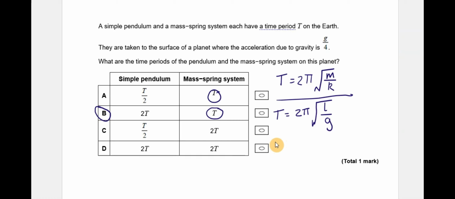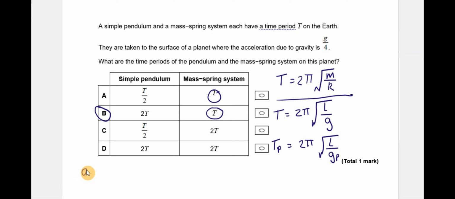I could write the equation for the time period on the planet, and that's for the same pendulum, so 2π is going to be the same, and if it's the same pendulum, the length is going to be the same, but this time we need to use the gravitational field strength on the planet.